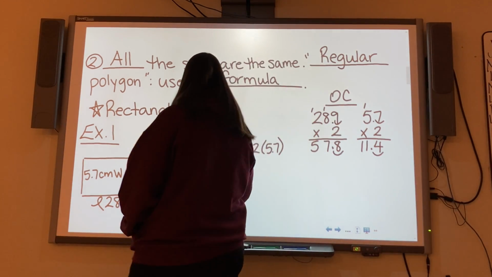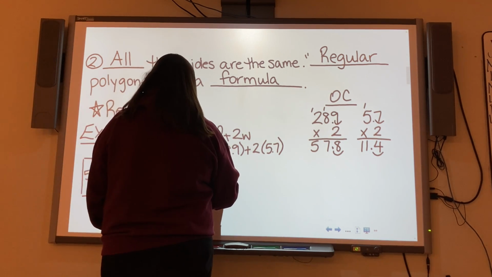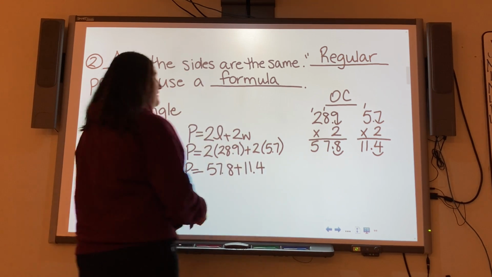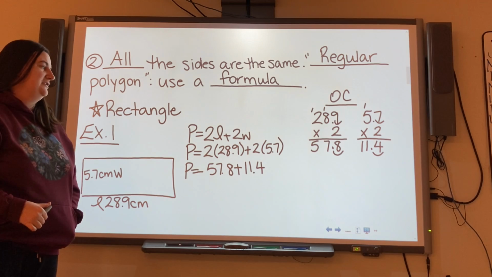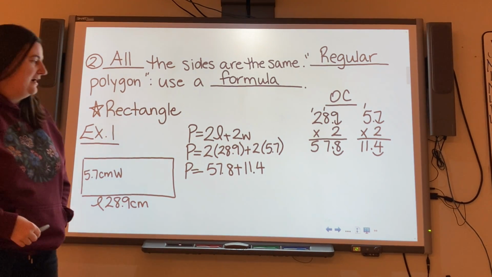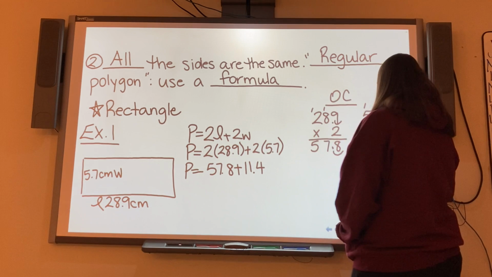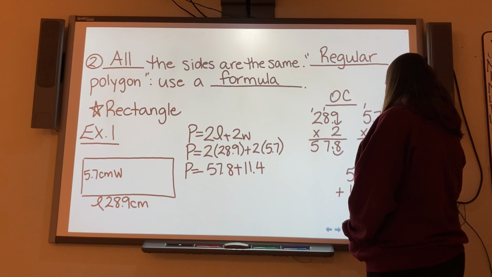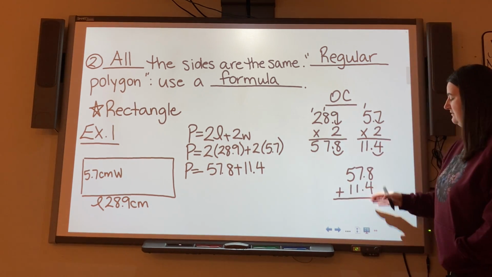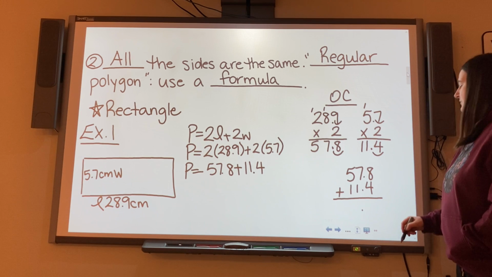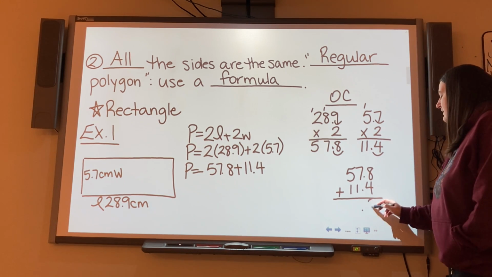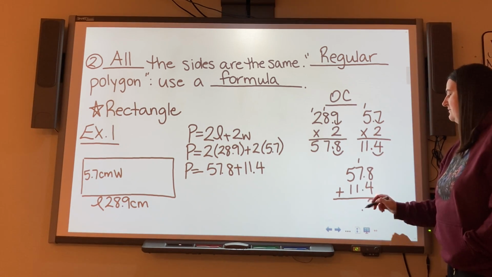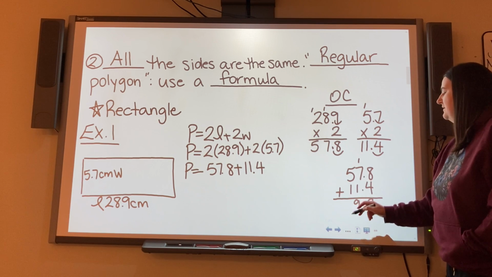So I go back, P equals 57.8 plus 11.4. So I do the multiply first, just like BEDMAS told me. And now I do the adding. 57.8 plus 11.4. I'm adding now, so I do line up the decimals. 4 plus 8 is 12, carry your 1. 7 plus 1 is 8, plus the one that you carry is 9. 5 plus 1 is 6.